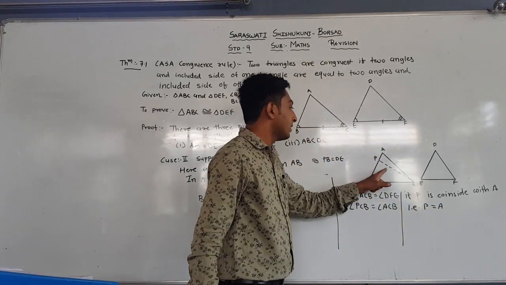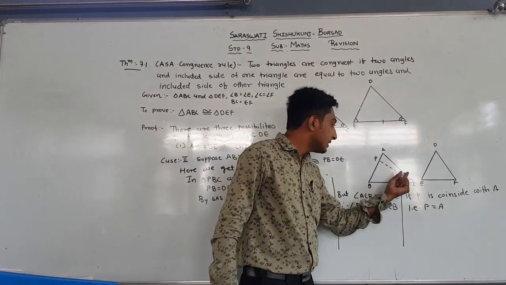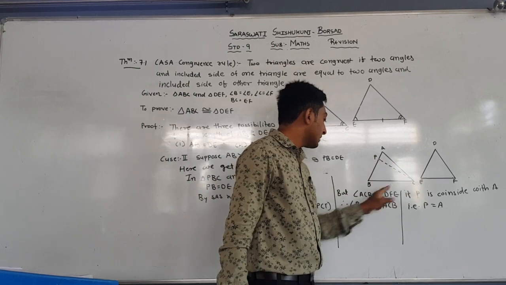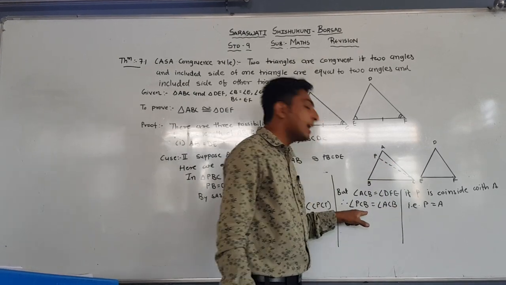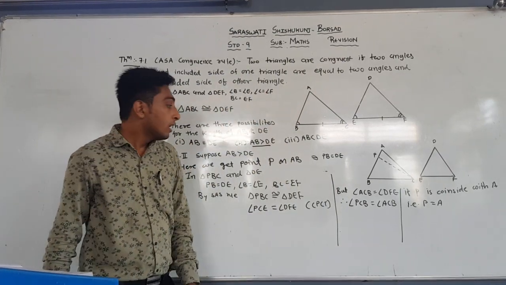This happens because we know that this angle and this angle are both equal. But here we have to prove that PCB and ACB both are the same. That is, P equal to A. Then we can say that angle PCB equal to angle ACB.